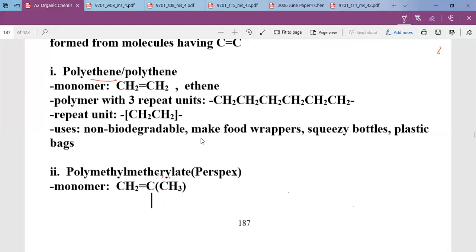So if I were to draw here, I'll draw it so that you can have more space. This is the raw substance, H here, H here. I'm going to draw three, three monomers here. I hope I've got enough space. You can see, right?